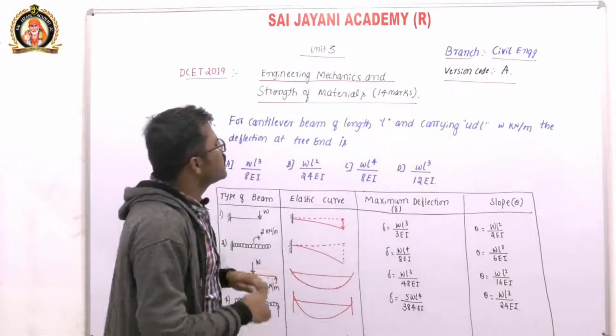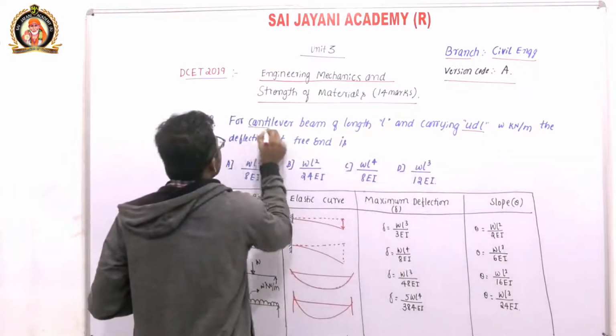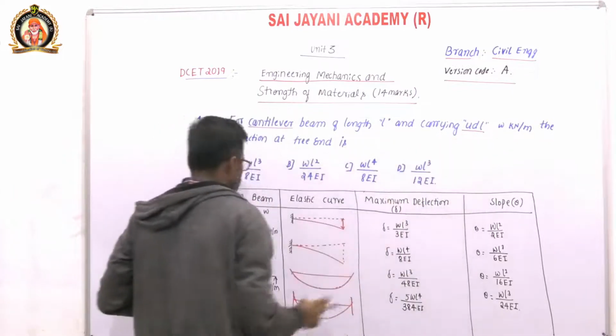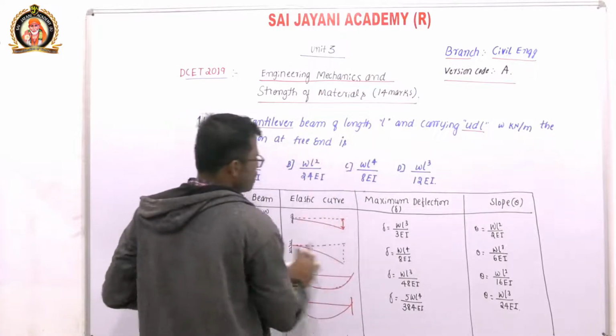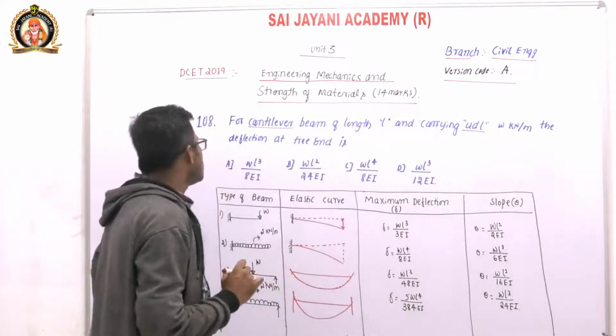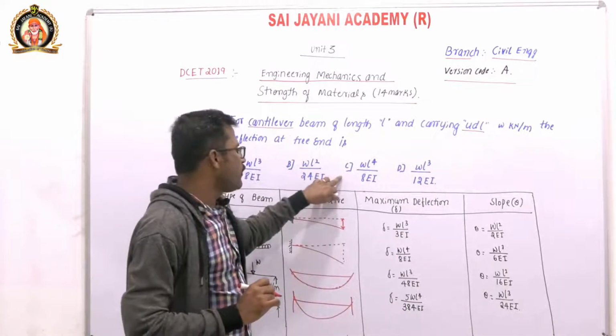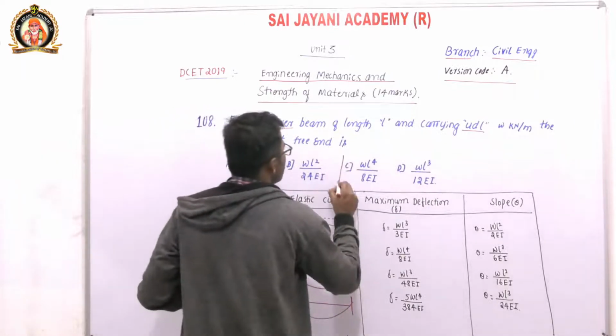In the question he says UDL, so cantilever with UDL, the power has to be 4. So option C, WL to the power 4 divided by 8EI is the right answer.